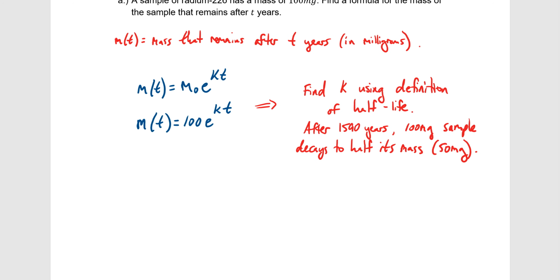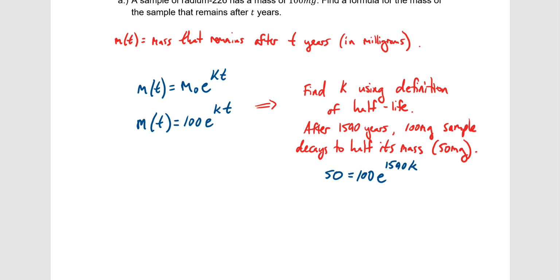So what that means is now we can go back and take a look at this function, and we can say that if we plug in the half-life time of 1590, then the new mass will be 50, so it's going to be 50 equals 100 e to the half-life times k.